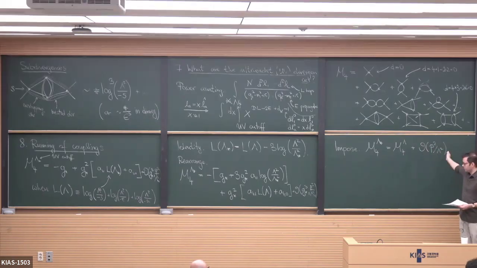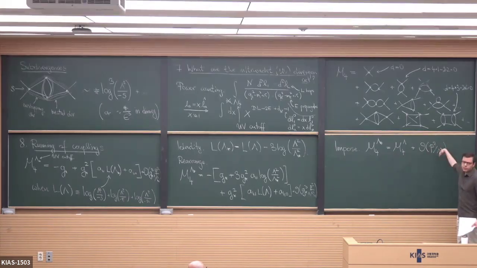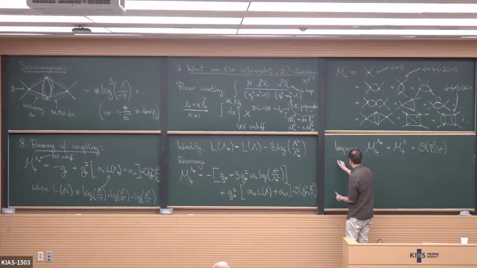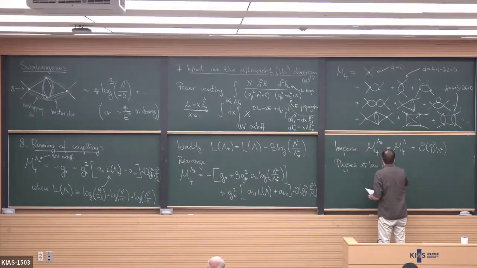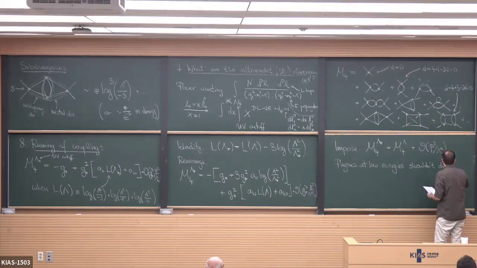So this is putting in equations what I said in words before, that the physics should stay the same up to some subleading corrections that are irrelevant at low energies. Okay, so let me write it down. Physics at low energies shouldn't depend on the UV cutoff.